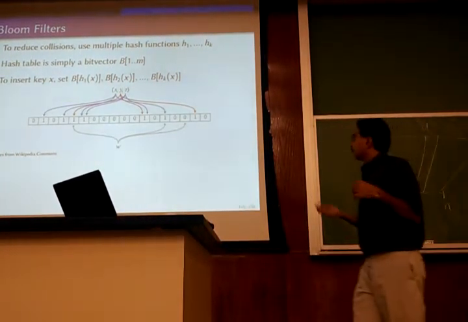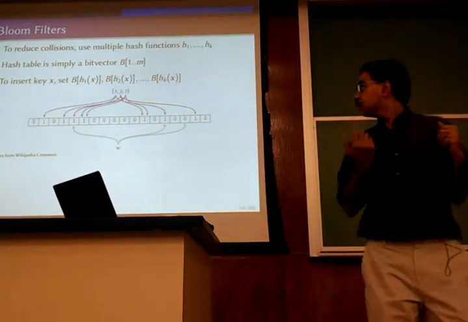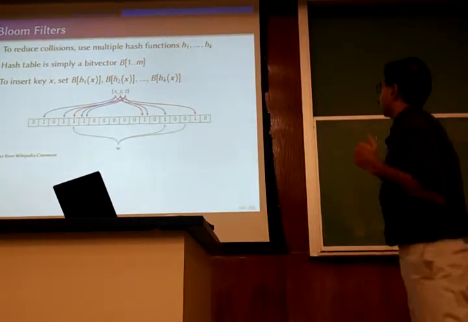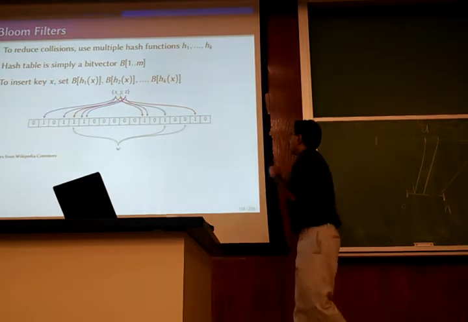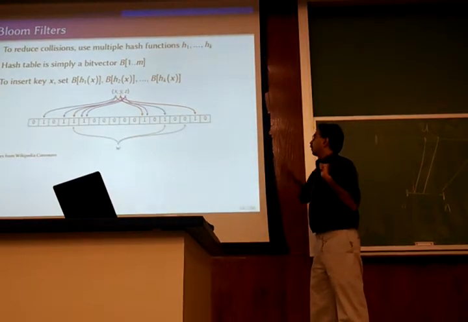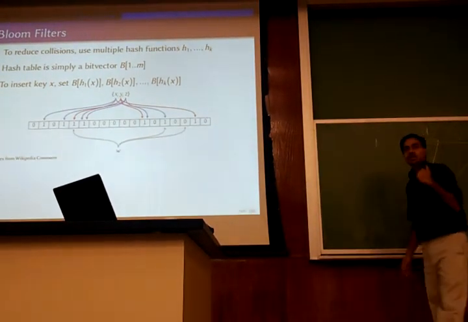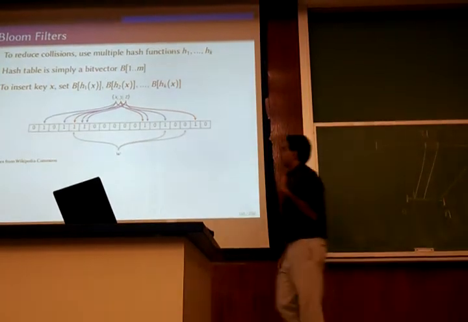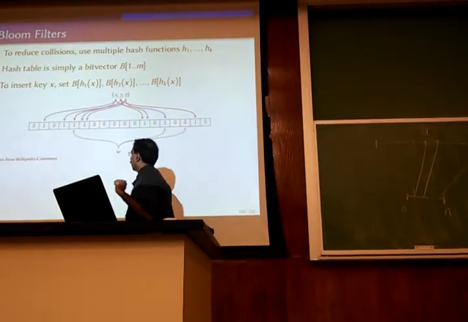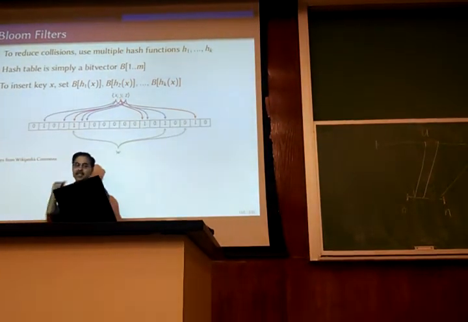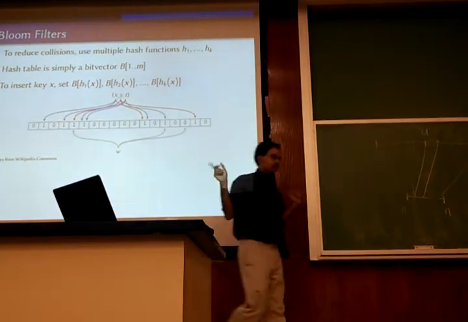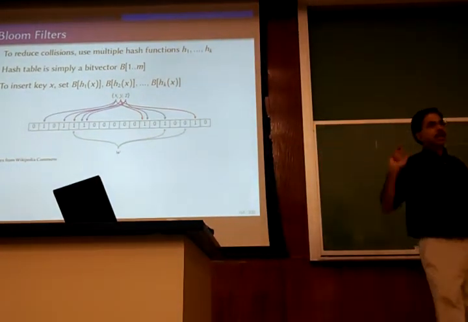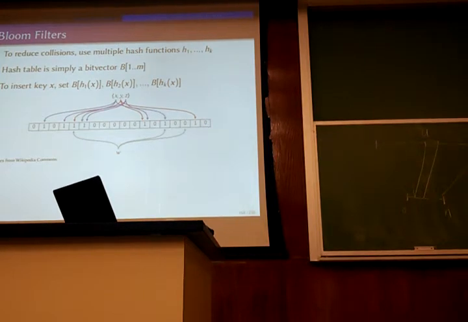In the example, we have k equal to 3. So what we do is we compute h1 of x. Okay, h1 of x happens to be 1, and so we go to the first element, not the 0th element, but the first element, and we set it to 1.